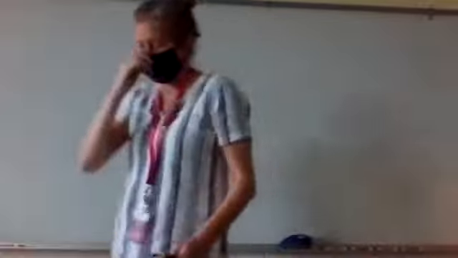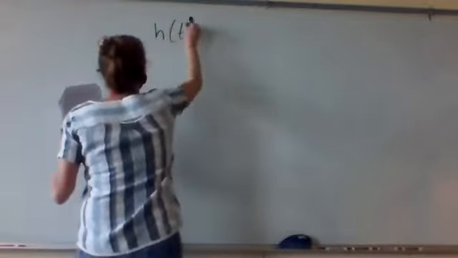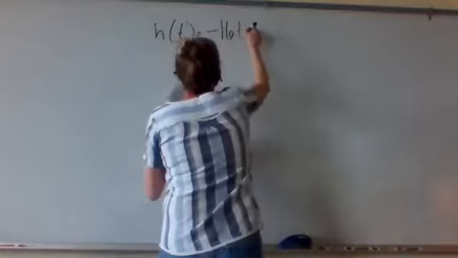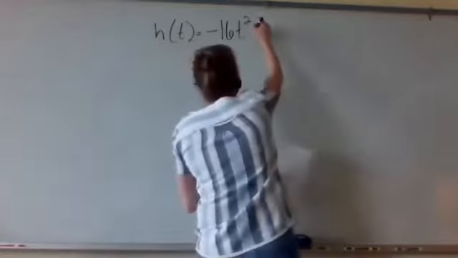It gives us a lot of words, but then it also gives us the function. It says after a launch is given by the function h of t equals negative 16t squared plus 56t plus 3.